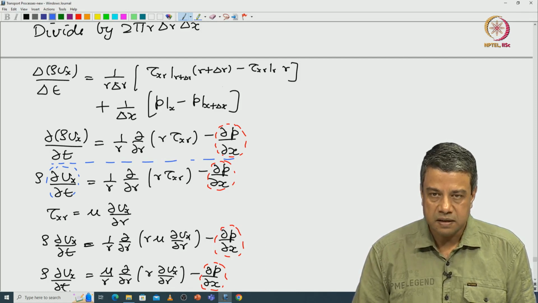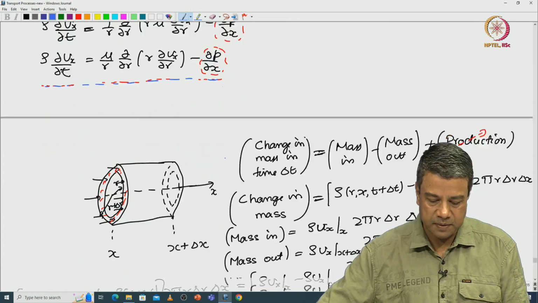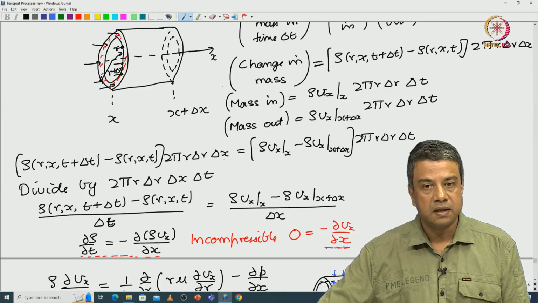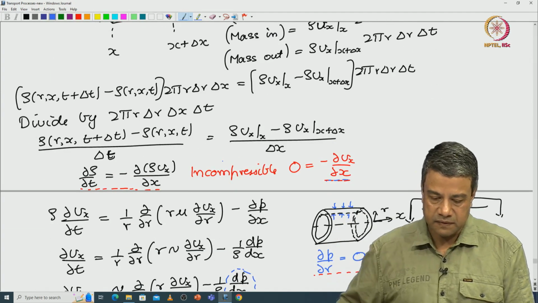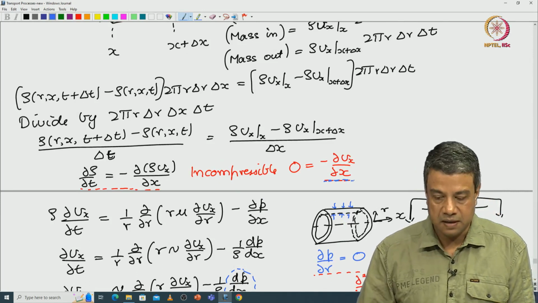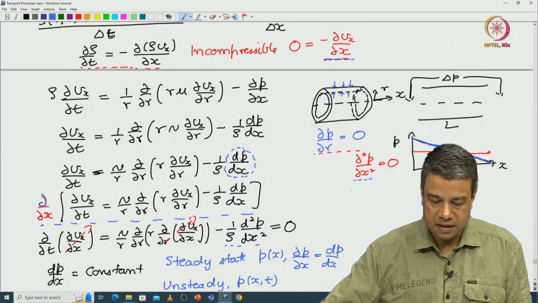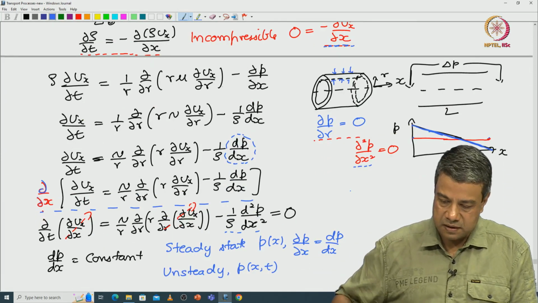For a unidirectional flow, I had demonstrated to you that the velocity is independent of the x direction. If the fluid is incompressible, dVx by dx is equal to 0. What that implies is that the pressure gradient is a constant.